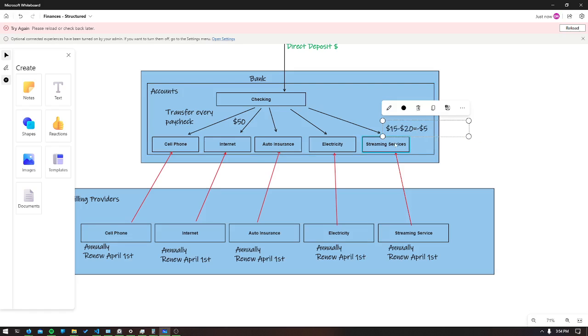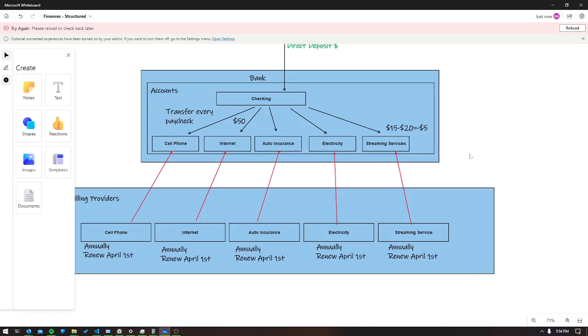So you've overdrawn on the streaming services account here. The good thing is, whenever the electricity provider goes to pull their money out, because they're not hooked into the same checking account as your streaming services, you're not going to get multiple providers trying to pull money out of the same overdrawn account. It limits the damage of the overdraw just to the one account where there's an issue.